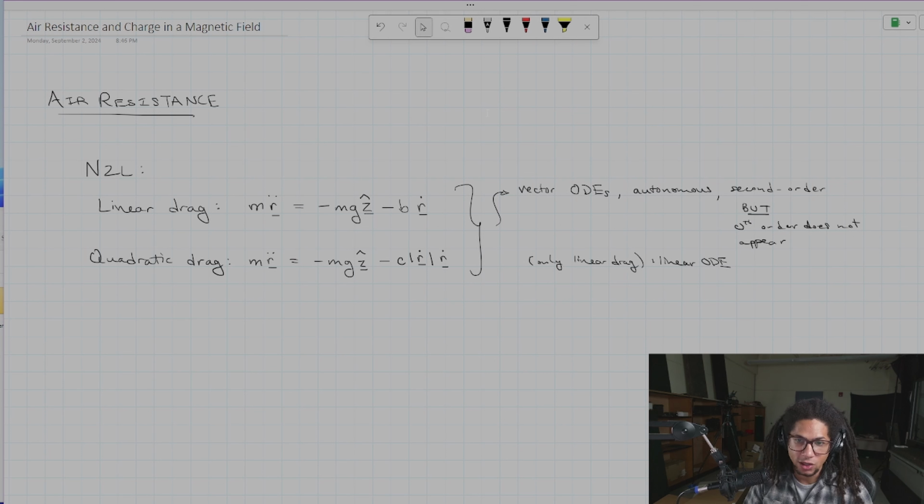A linear diff EQ means that the dependent variable, here r, only ever appears as the function itself and its derivatives, never multiplied together, such that I get a linear combination of the function and all of its derivatives. So here I have m times r double dot, I have r dot, and then I am allowed to have terms like this.